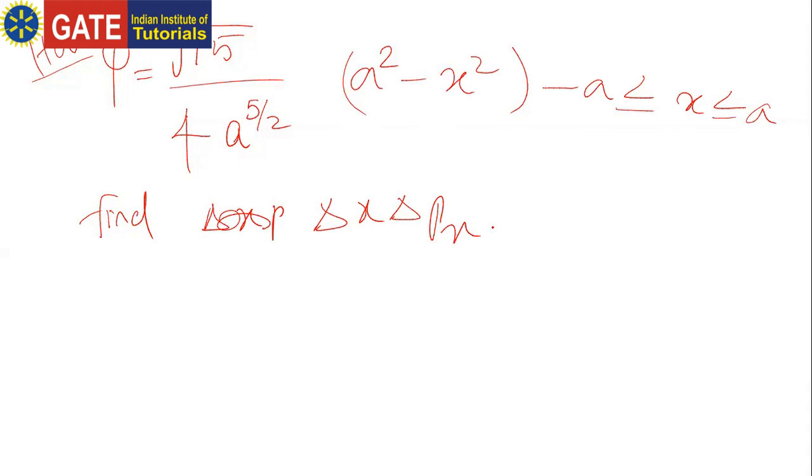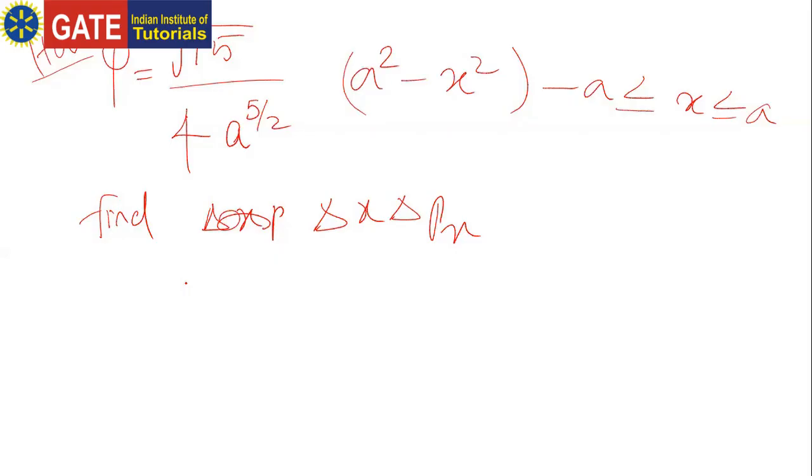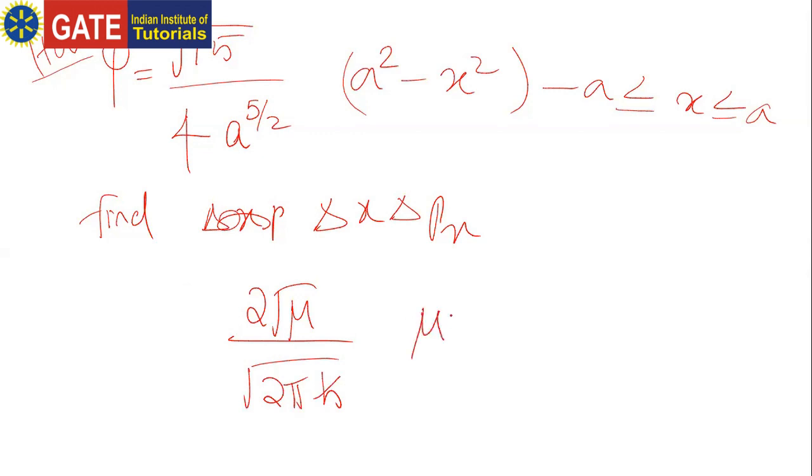Ma'am, for the first one, is the answer 2 mu root mu by root 2 pi h cross into mu square plus k square? Repeat. 2 mu root mu by root of 2 pi h cross, divided by mu square plus k square.